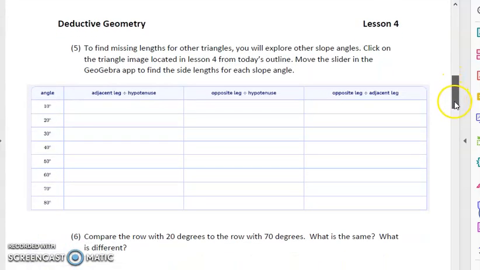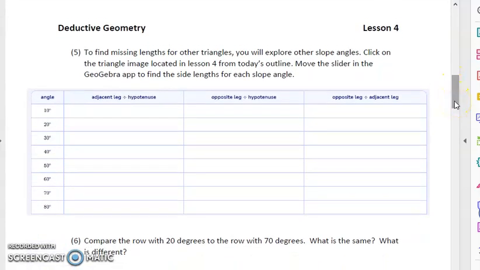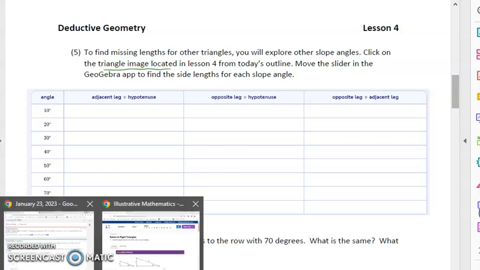When you finish with that, you will need to go back into its learning, and there's a triangle image located in today's outline in the lesson 4 content block. And if you click on that image, you will open up a page.